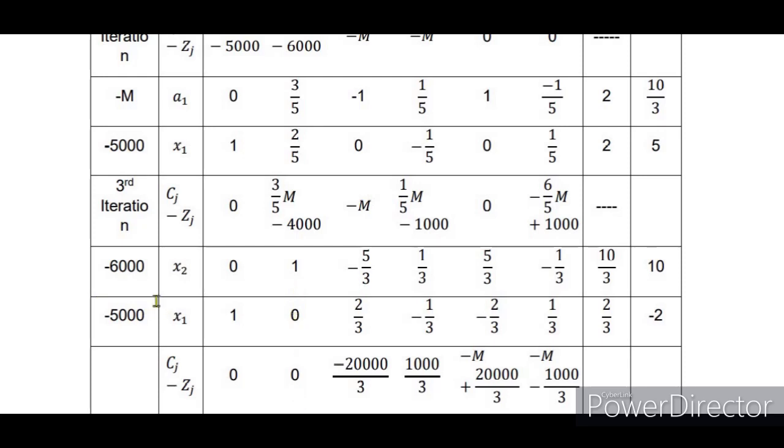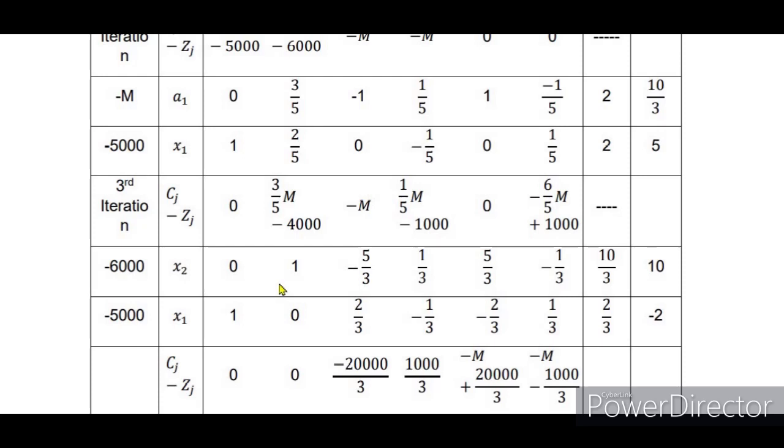So now we will get the Cj minus Zj of the x sub 3 column. Okay, so negative 6,000 times negative 5 thirds is equal to positive 10,000. Negative 5,000 times 2 thirds is equal to negative 10,000 over 3.